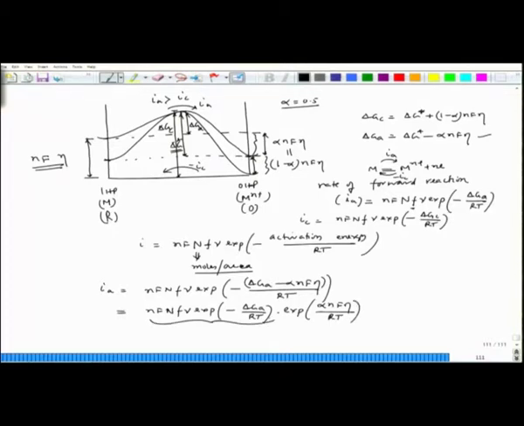This part is nothing but I0, since I0 equals NF NF nu exponential minus, sorry, here we have to put delta G star, since delta G is delta G star minus alpha NF eta, delta G star by RT.